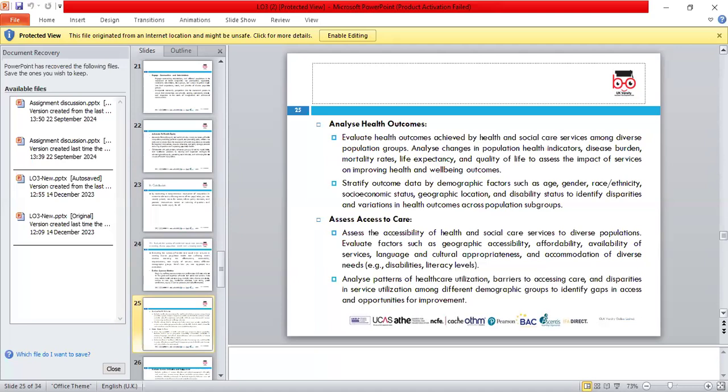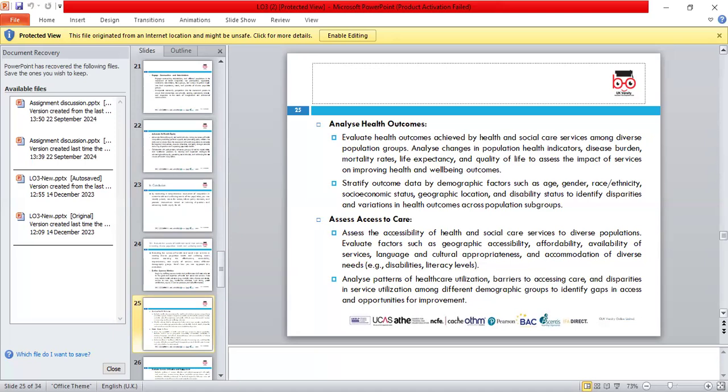Stratify outcome data by demographic factors such as age, gender, race, ethnicity, socioeconomic status, geographic location, and disability status to identify disparities and variations in health outcomes across population subgroups.